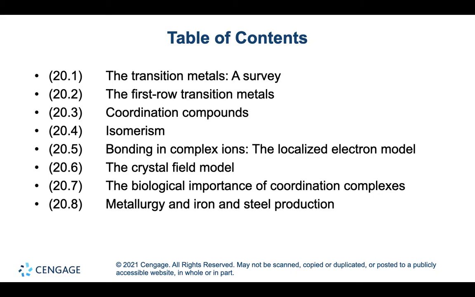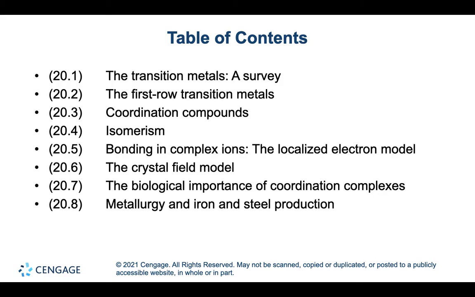Then we're going to look at bonding in complex ions. We're going to look briefly at the localized electron model, but then show how the crystal field model allows us to talk about the magnetism and the colors of complex ions, coordination compounds in water.